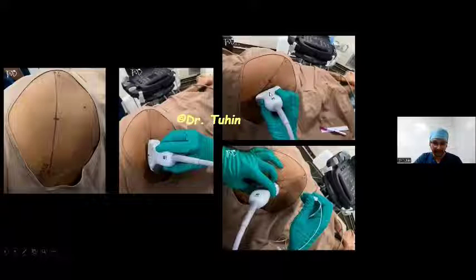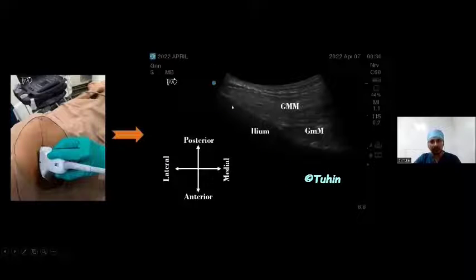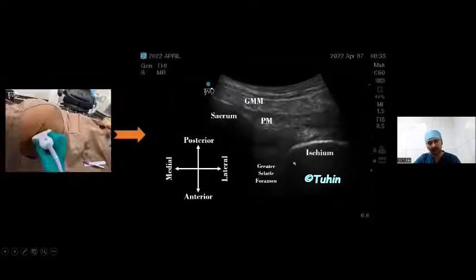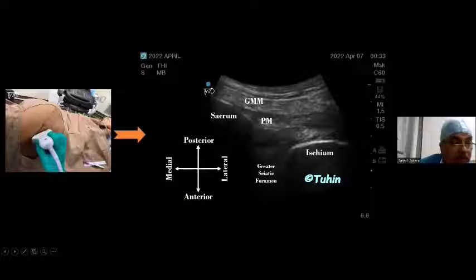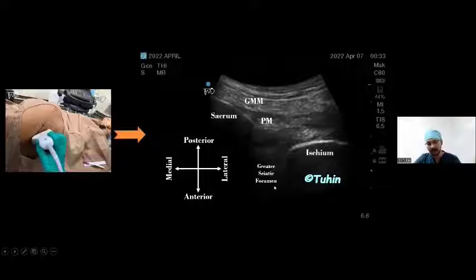Here the scanning technique is caudal and medial. This is the first point where you will see the ala of the ilium, and then when you go caudally and medially, you will get the sacrum on the medial side, the ischium on the lateral side, and the greater sciatic foramen.